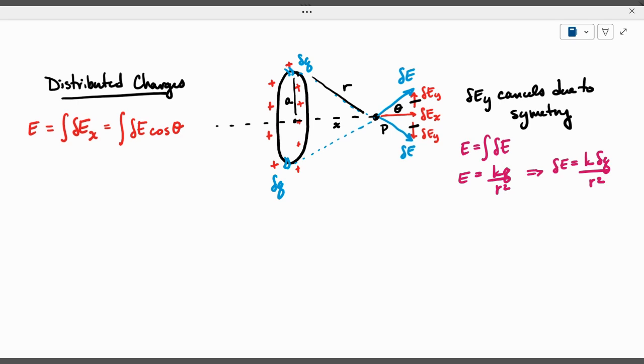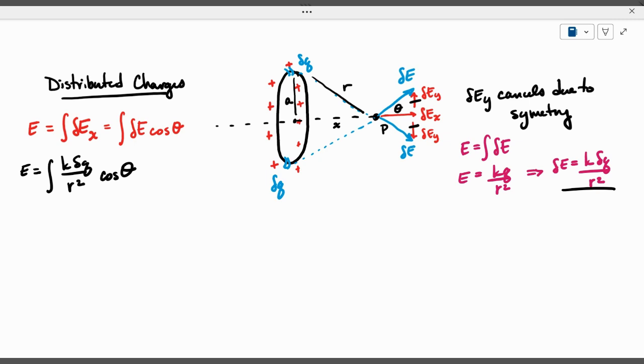So I'm going to use those pieces to help me solve some problems. I've got my dE over here, and I'm going to replace that with this. So now I've got E equals the integral of k dQ over R squared times cosine of theta.